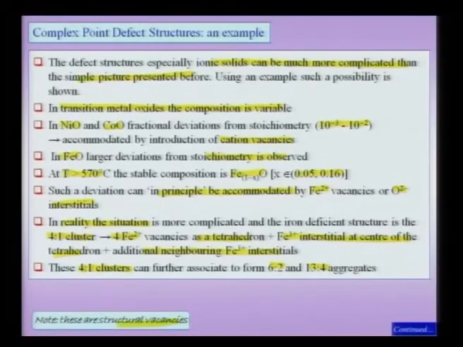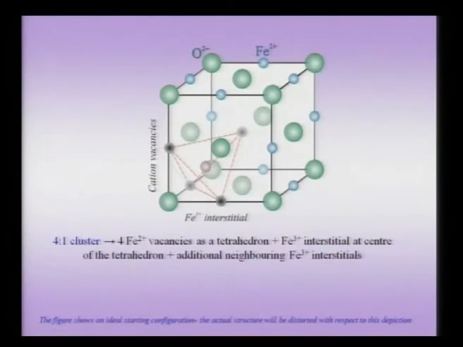An ideal geometrical representation of the defect we are talking about, the 4-1 cluster, consists of an Fe3+ interstitial at the center of this tetrahedron, and the Fe2+ vacancies, which are missing sublattice positions, are at the vertices of this tetrahedron, around this central Fe3+ interstitial.